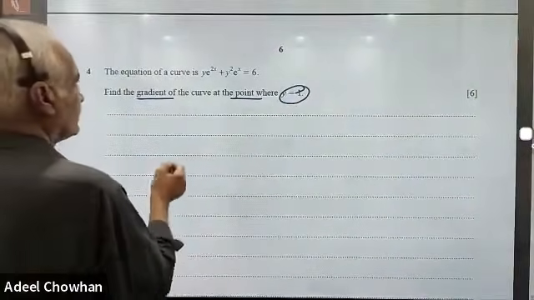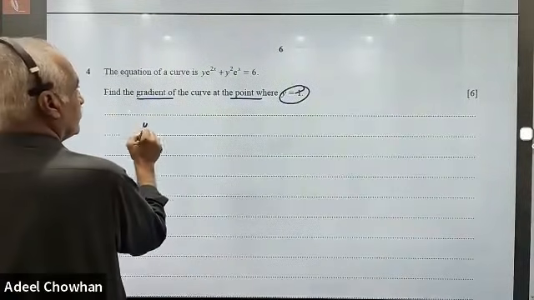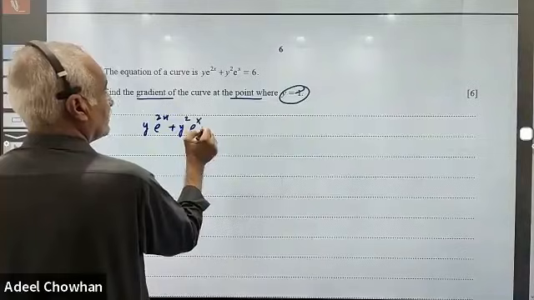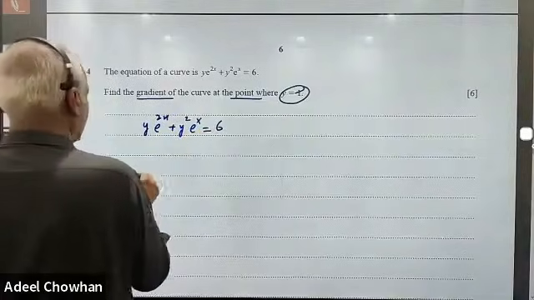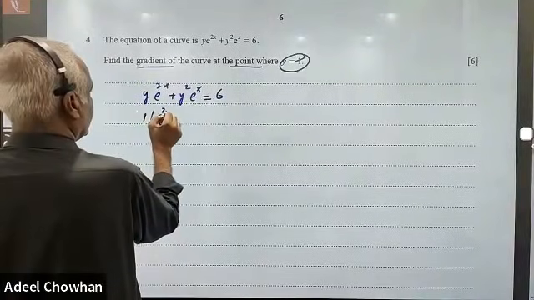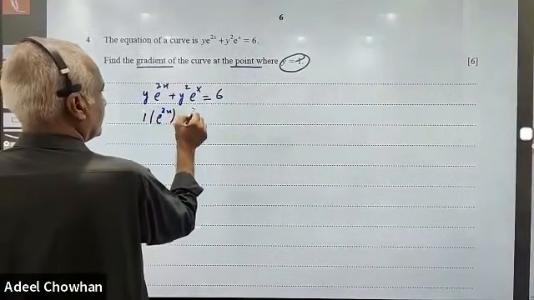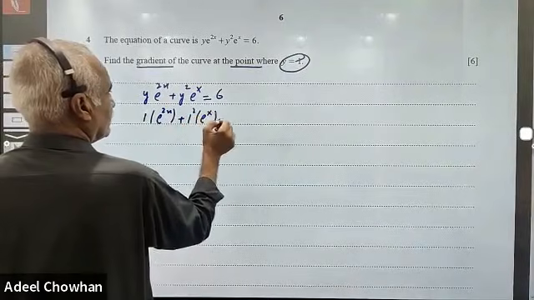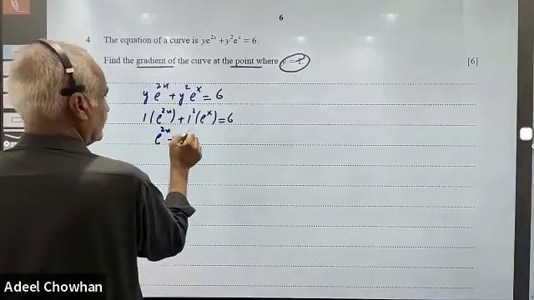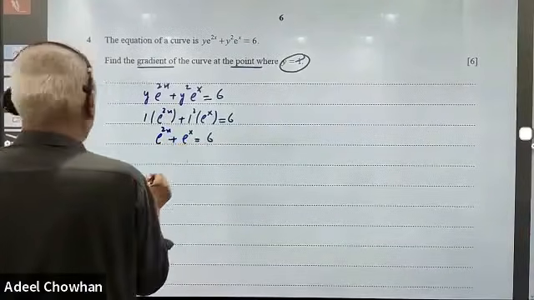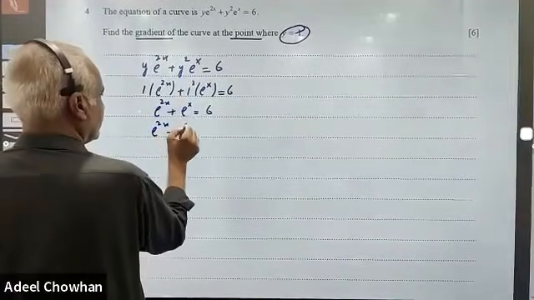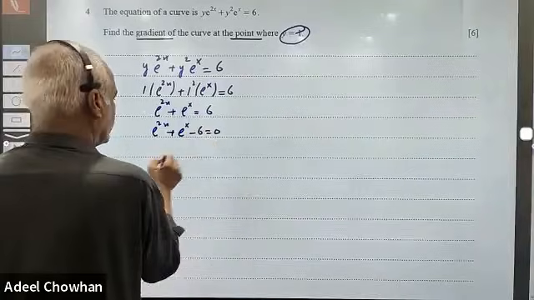So first of all, we put y is equal to 1: 1 into e power 2x plus 1 square into e power x is equal to 6, or e power 2x plus e power x minus 6 is equal to 0.